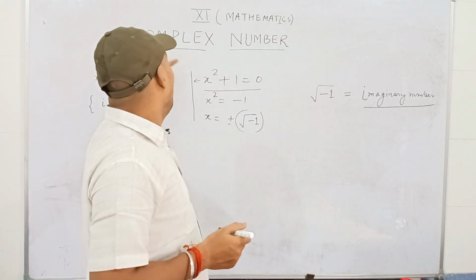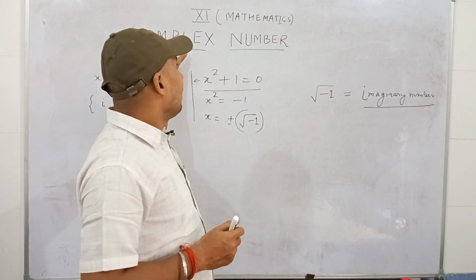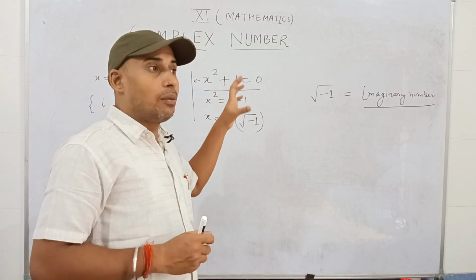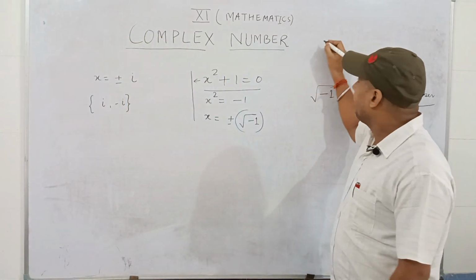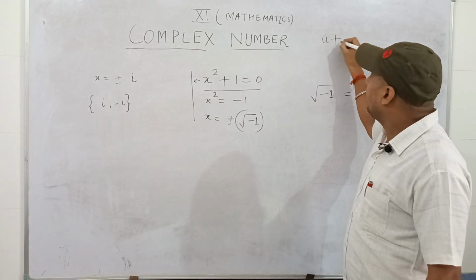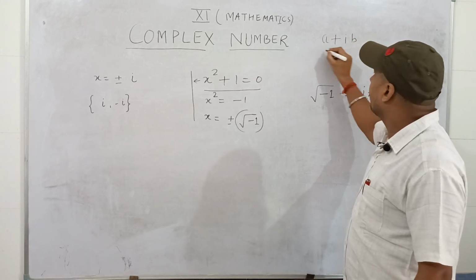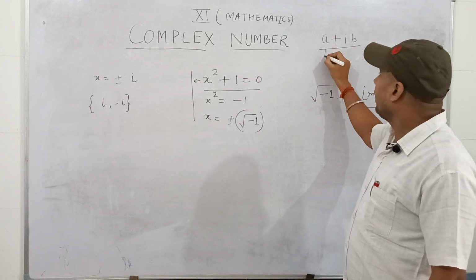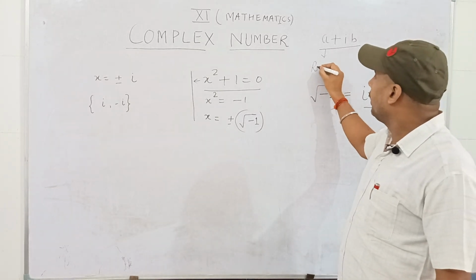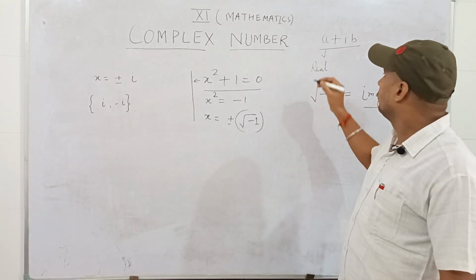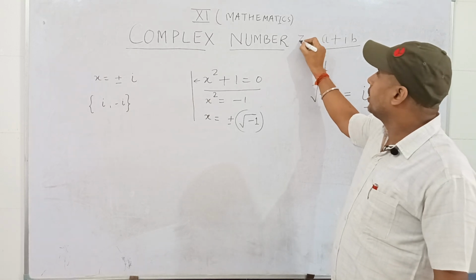So our complex number is made of two numbers. It is of the form a + ib, where a is called real, and a complex number is denoted by z.